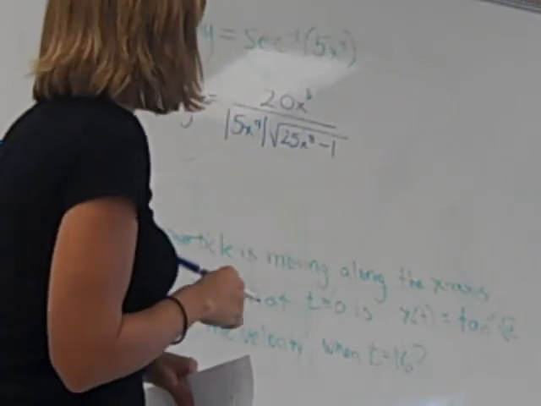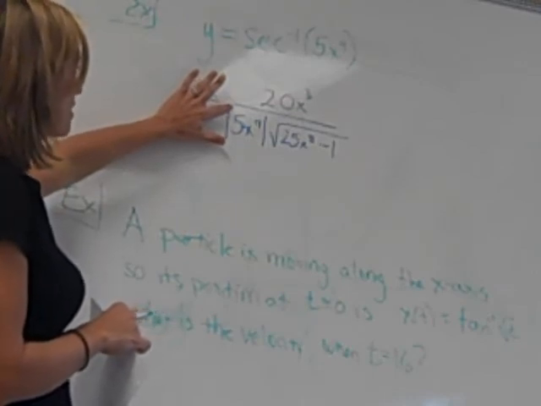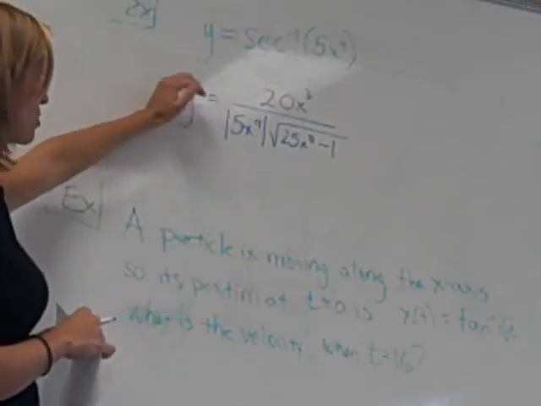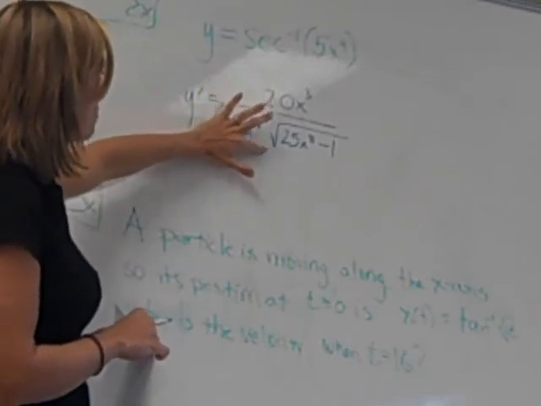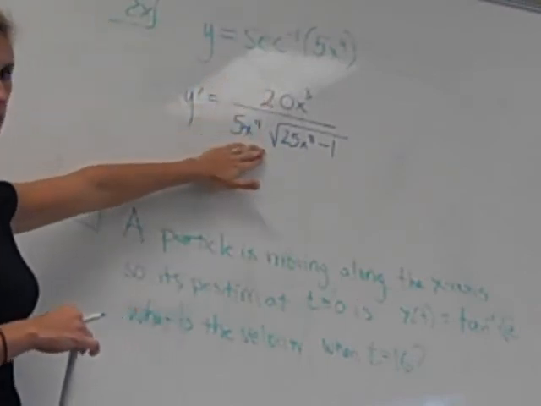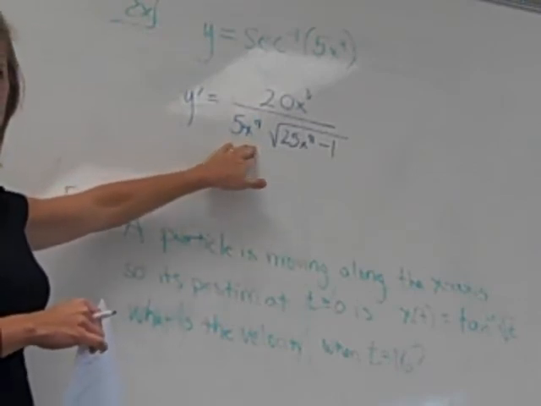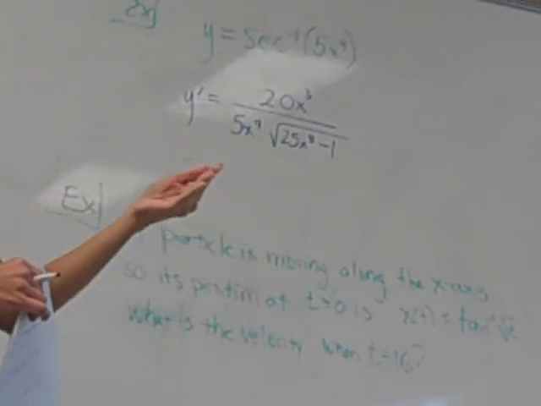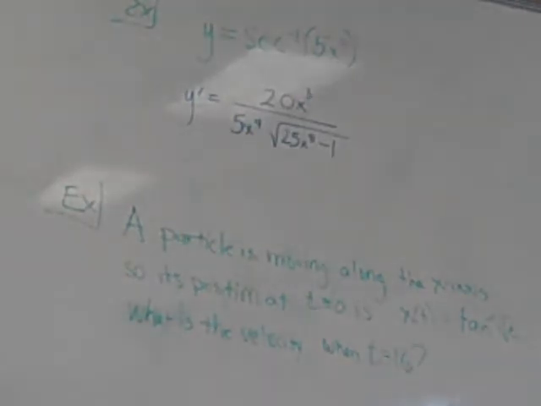Yep. I haven't memorized anything. Actually, you might see on a test, like if this is a multiple choice problem, you might see it without the bars, and you might wonder, oh, that's not right because of the bars. But 5x to the fourth, can that ever be negative? No. So they'll probably take the bars away because it's redundant. You want to know that if you saw that as an answer, you don't think it's wrong because it's right. It just doesn't have the bars. It doesn't need them. Okay, so that's it.